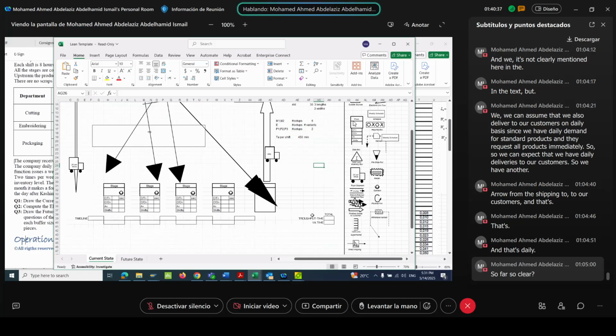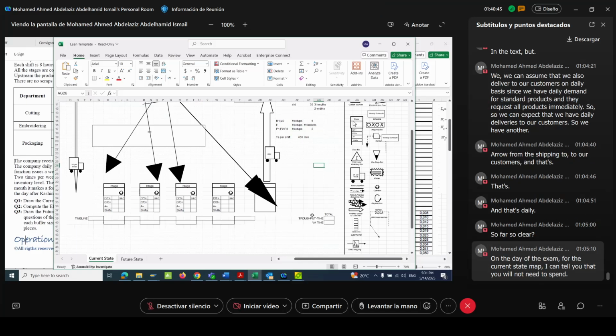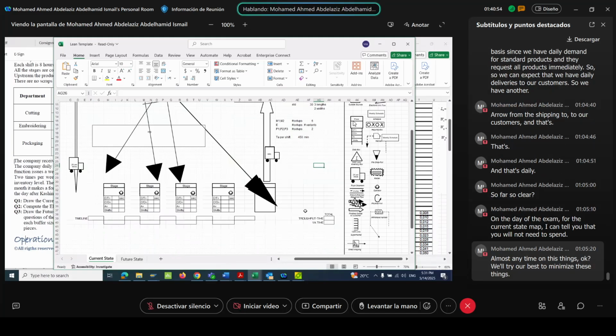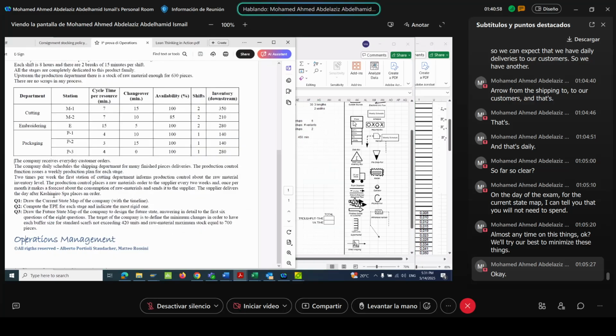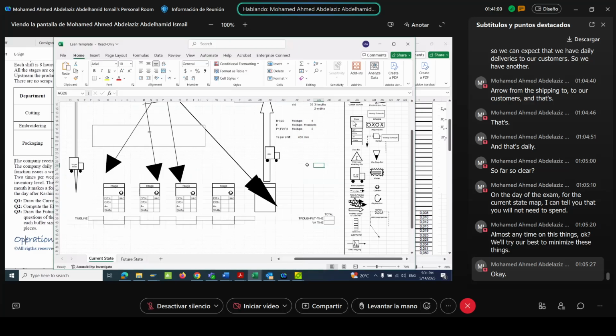On the day of the exam, for the current state map, I can tell you that you will not need to spend almost any time on these things, okay? We'll try our best to minimize these things. In the first question, we are asked to draw the current state map of the company with the timeline.